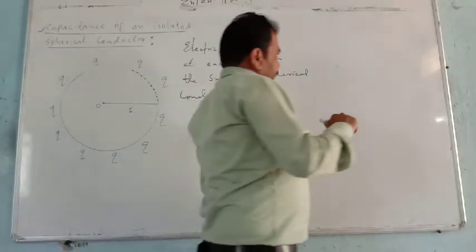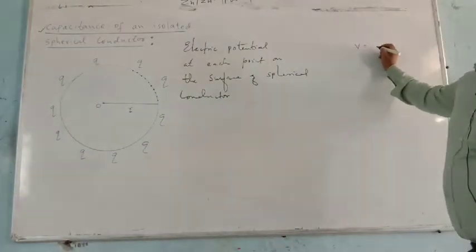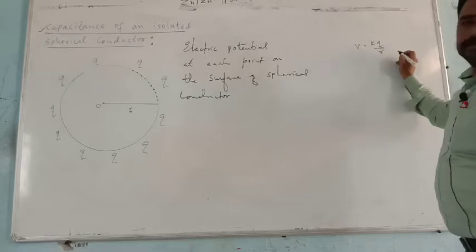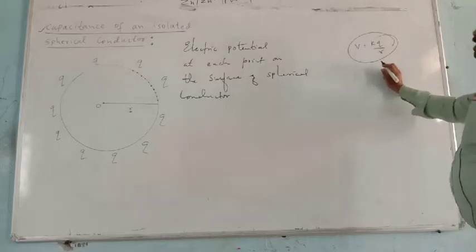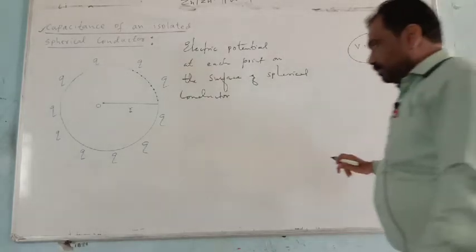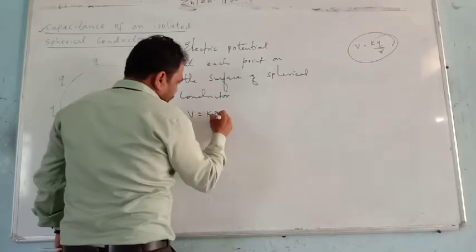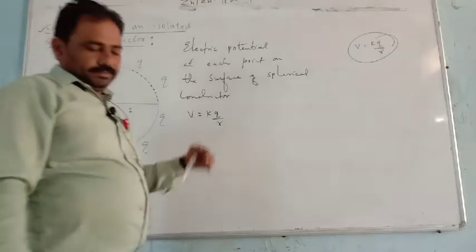To calculate electric potential, we know the notation, that is V is equal to, and one formula is there, that is the electrostatic constant K and Q by R. So electric potential is K into Q by R. So we can write here electric potential is equal to KQ by R. Now what is the meaning of K here?